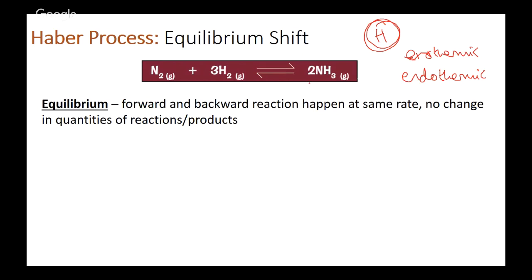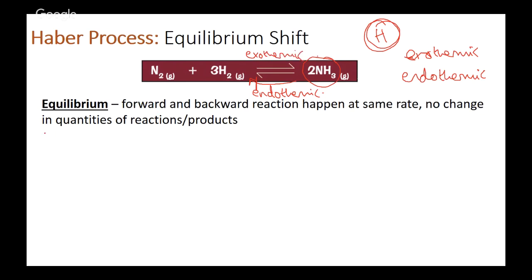To remember which way round it is, have a look at this molecule here and think to yourself, it needs to be broken down into two products. So this reaction needs to take in heat, like a thermal decomposition reaction where you have one thing that takes in heat and breaks down into the two products. So this one here is the endothermic. And in a reversible reaction, the opposite direction is exothermic.